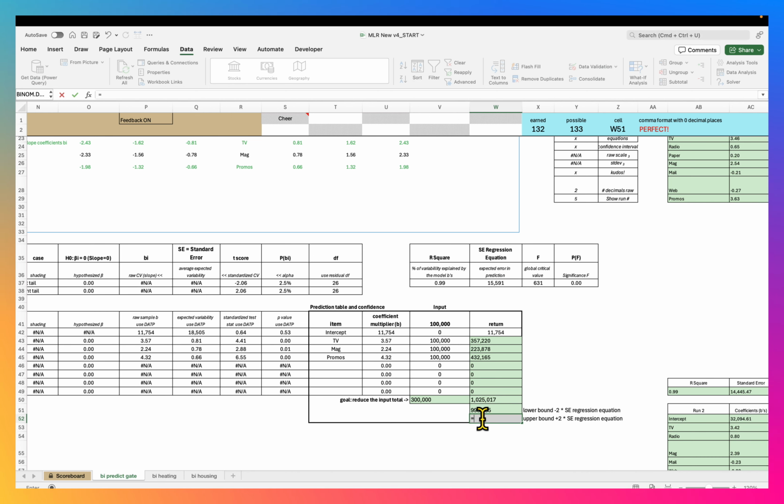And then, again, same number plus 2 times the standard error. And so what this is telling us is that we're going to make at least 993,000, 95% confidence, and maybe as much as 1,056,000.